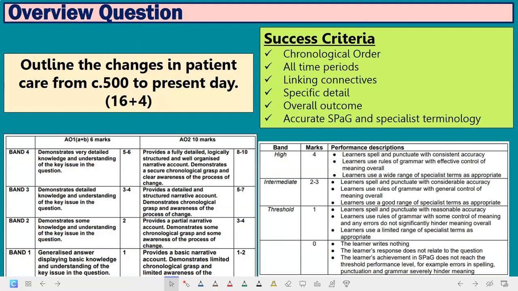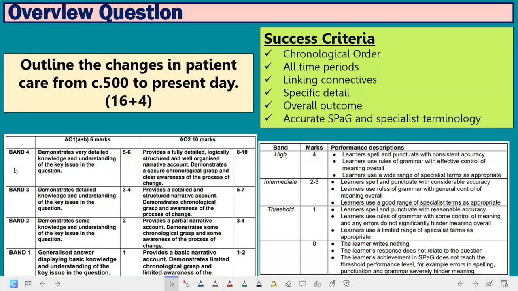So just a reminder then that your question was to outline the changes in patient care from around the year 500 to present day. You have some success criteria, which is that it should be in chronological order.